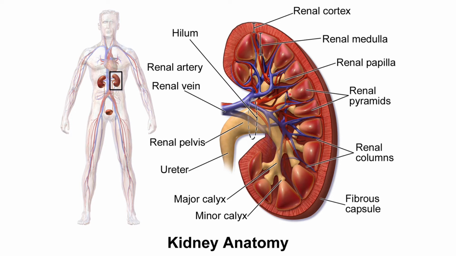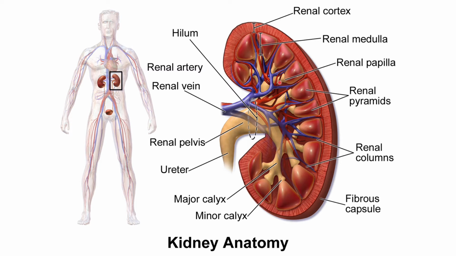Now, each renal papilla is associated with a structure known as the minor calyx, which collects urine from the pyramids. Now, several minor calyces merge to form a major calyx. Okay?